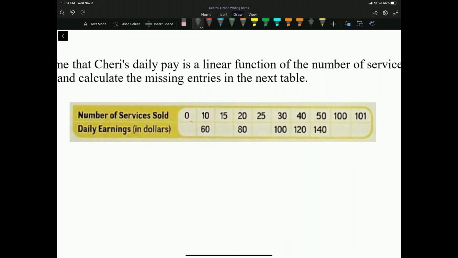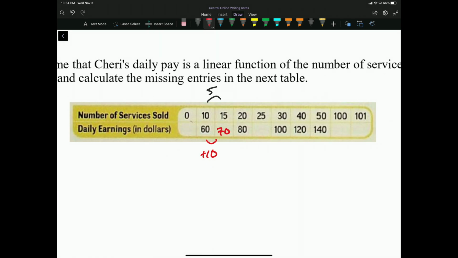Right. So again, for every 10 services that we increased by, our pay was increasing by 20. So if, for example, we cut that in half, we increase by 5. My increase should be cut in half. So instead of 20, we're going to increase by 10. So 60 plus 10 is going to be 70.